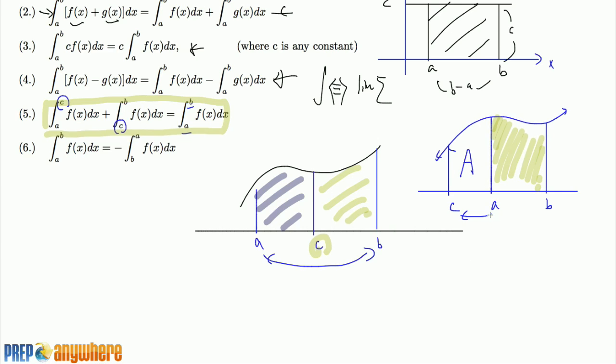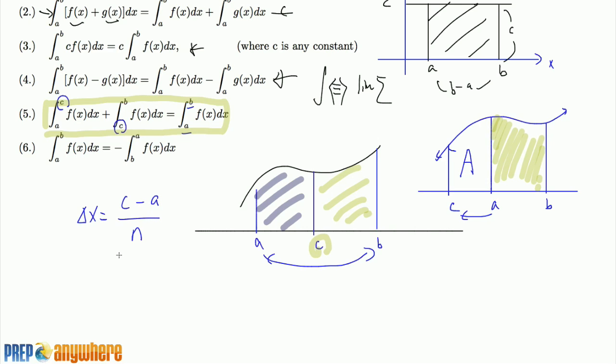Now if you integrate from a to c, is the area going to be positive or negative? I'm sure all of you want to say positive because visually it's above the x-axis, right? But it's negative. Why? It's because of delta x. Delta x is always the ending value, which is c in this case, minus the starting value, divided by n.